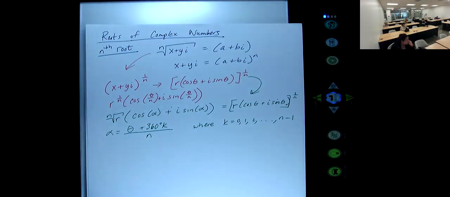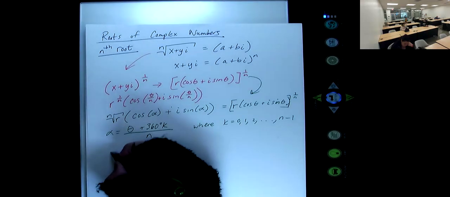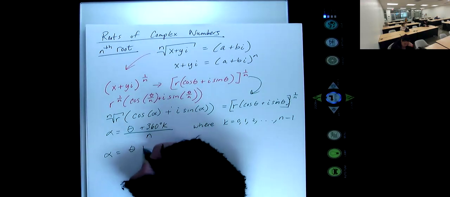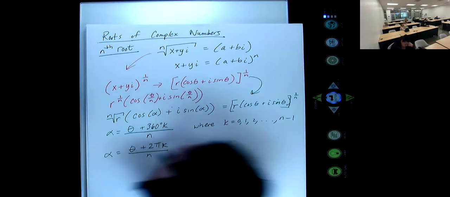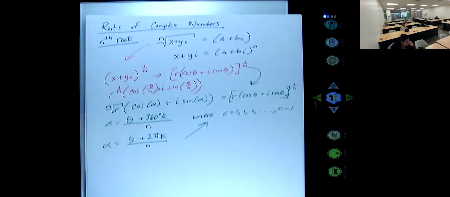We don't want an infinite number of loops around. And if we're looking at it in radians, theta plus 2 pi k over n, again where k is the same thing.